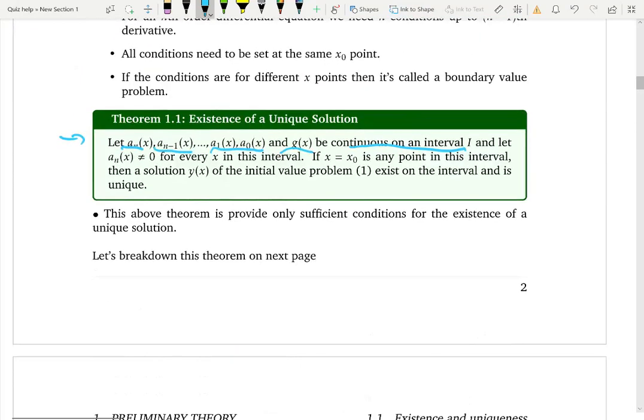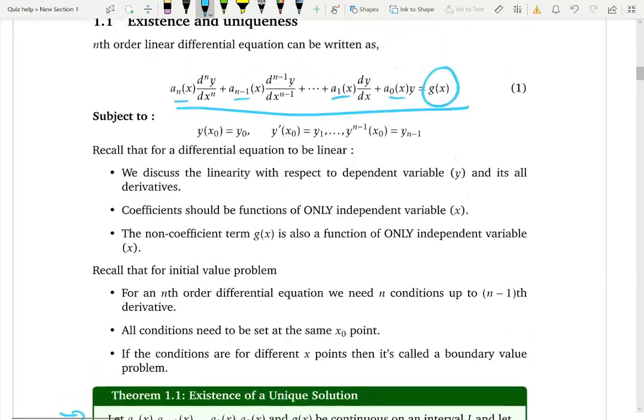Alright, the second condition is: let a sub n of x be not 0 for all x in this interval. So what does that mean? What is so special about a sub n of x? What is n? n is the order. So a sub n of x is the coefficient of the term with the highest derivative of y, so we call it the leading coefficient.